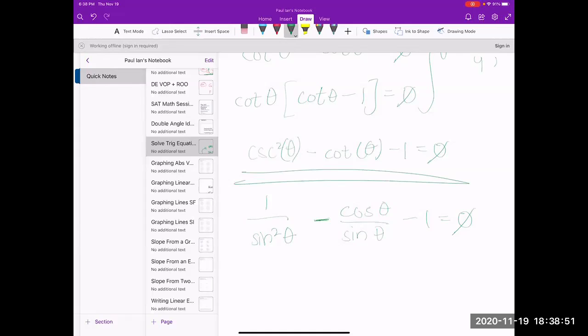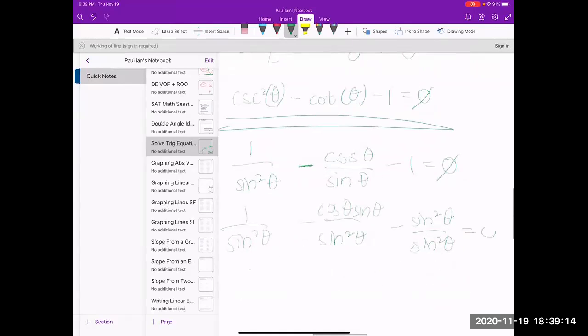If you did sine squared, and then sine, and then 1 over sine squared equals 0.